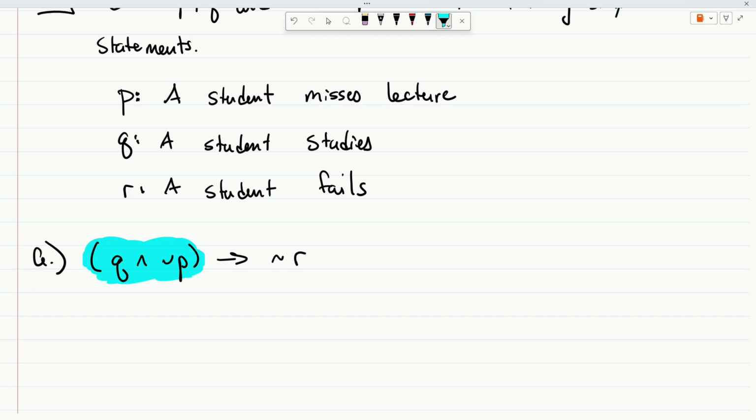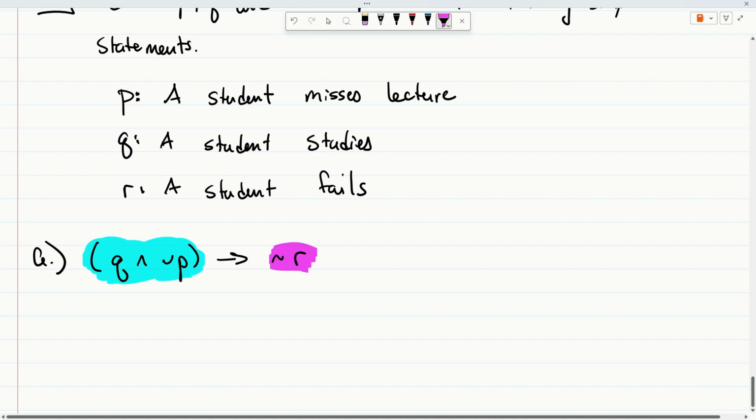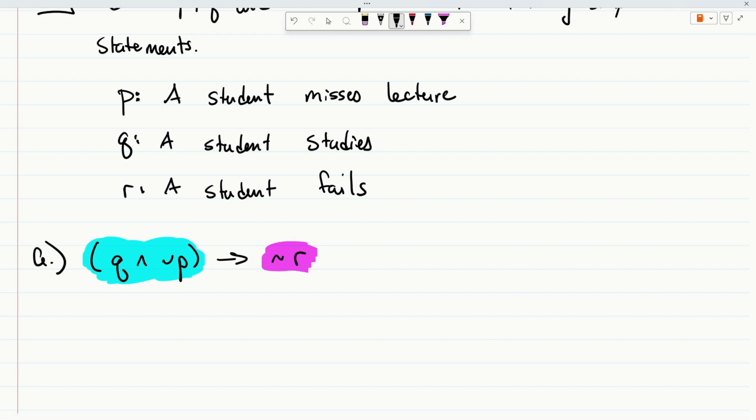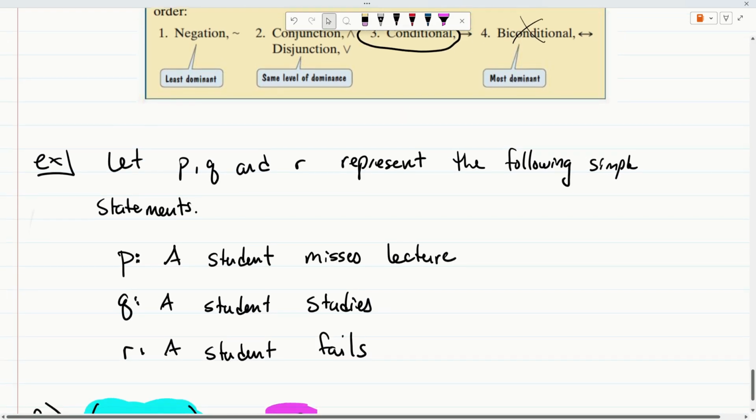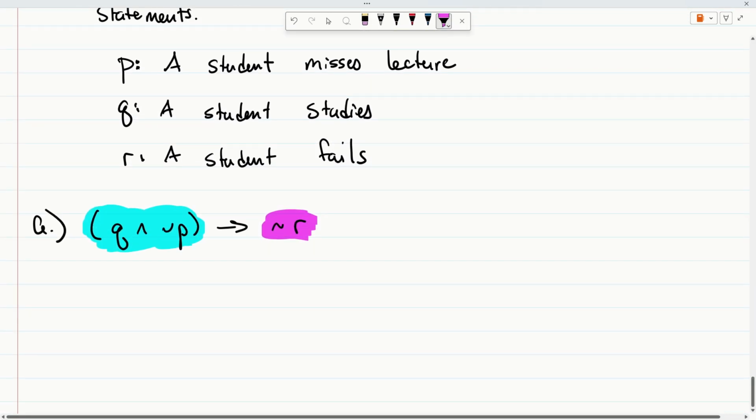Then on the other side, we have this. Now, if I scroll up above, notice that the conditional is number 3 in terms of dominance. So this symbol in the middle is our dominant connective.